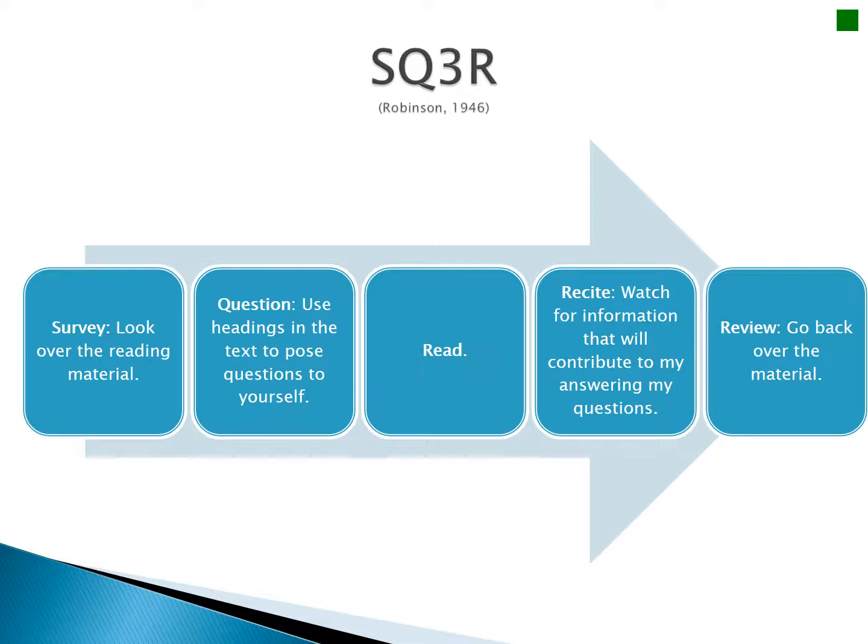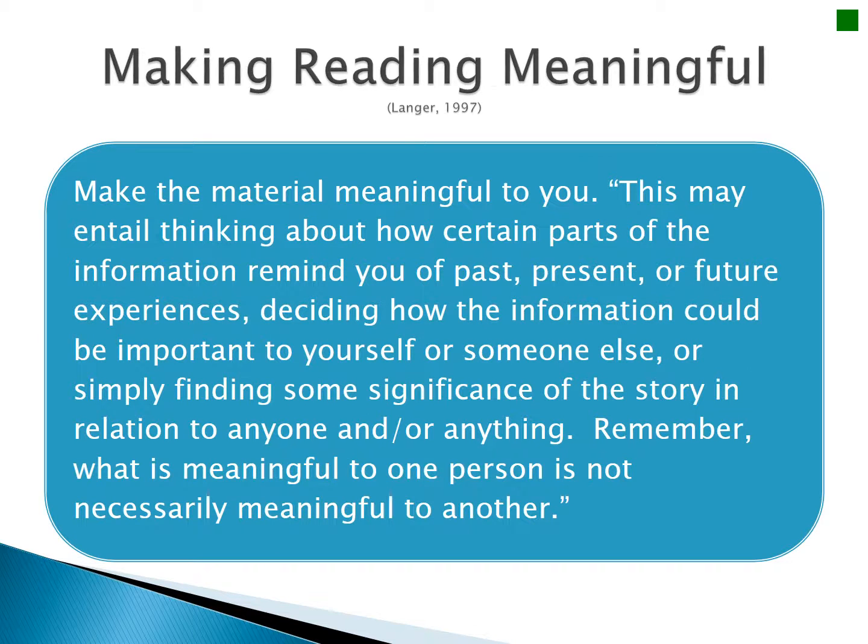Then we have them read. As they are reading, they are watching out for information that will contribute to answering their questions. That's the reciting. They may stop and say out loud what they found, and then reviewing is going back over the material. Maybe they look for questions that they didn't find the answer to, and they think about what they did learn as they read.